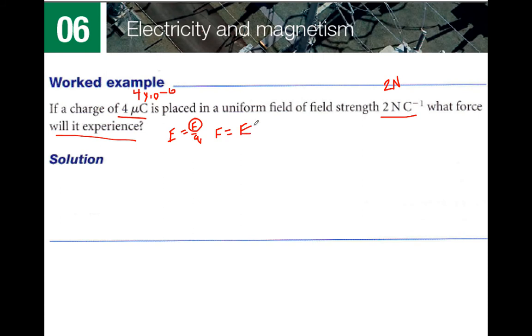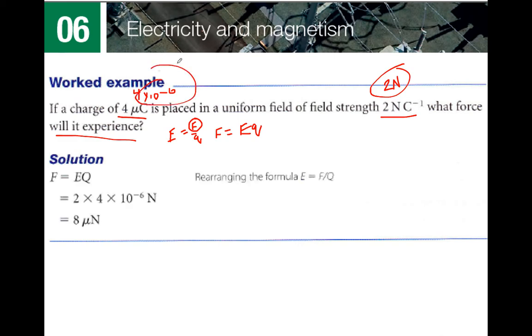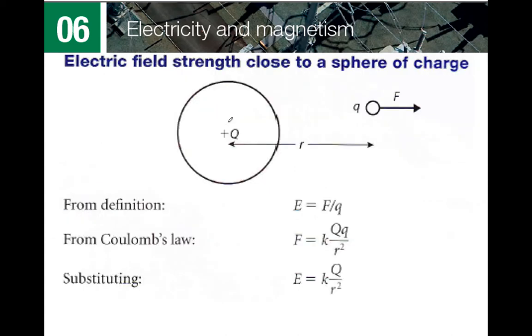The electrical field strength times Q. This is your field strength, and here is your charge. So if you rearrange, bang, you get your answer right there. And again, you're going to get 8 times 10 to the negative 6, but they have it as 8 microcoulombs, which is the same thing. If it said, hey, the field strength was 3, basically it's going to be 3 times the strength of the charge, okay? So there you go, pretty simple.